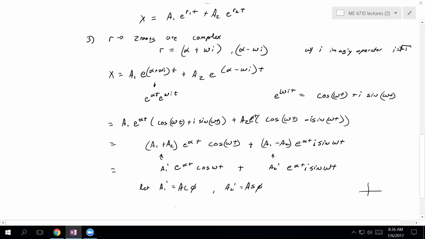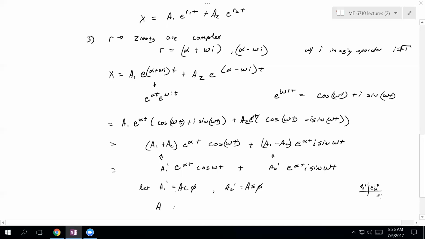So you can just consider A1 prime, A2 prime as just terms, and I can replace them with a polar expression, A cos phi and A sine phi. All right, when I do that, I can combine this.